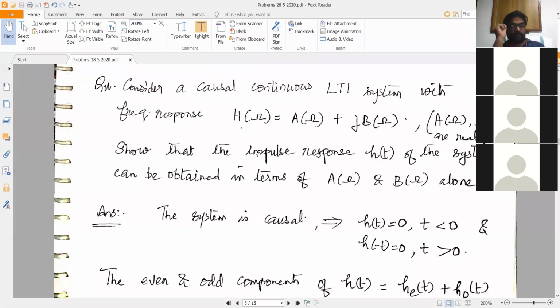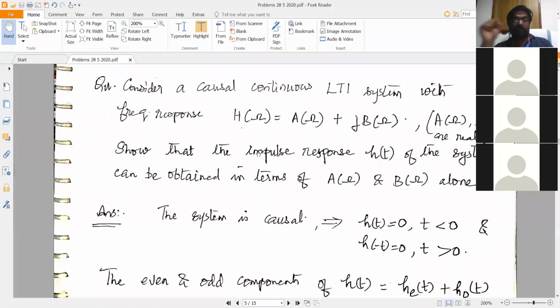Now, what we are saying here is that if you have a causal continuous linear time invariant system, for which you can represent the frequency response H of omega as A of omega plus j B of omega, where A of omega and B of omega are real functions of omega, then you can find the impulse response of the system if you are given just A of omega alone or B of omega alone.